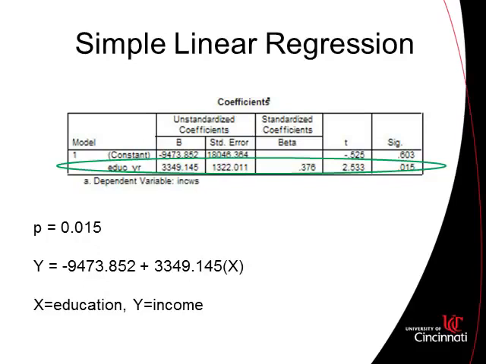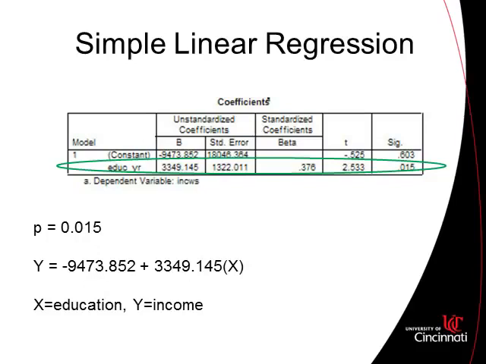So in this one, you don't look at the constant row, you look at the row that gives your independent variable. So remember, our independent variable is years of education, so we look at that row and move it all the way over to the p-value to get a p of 0.015.